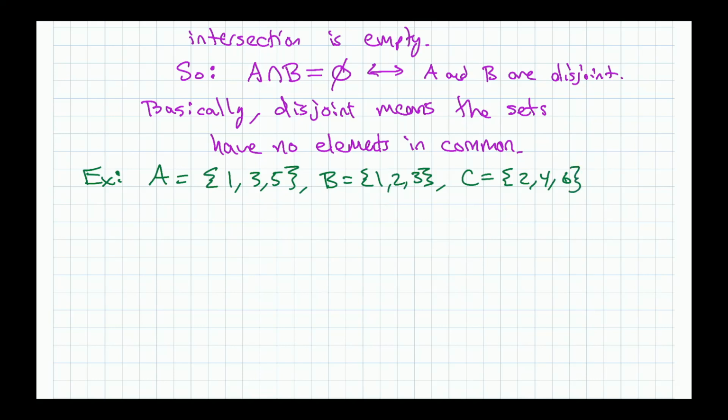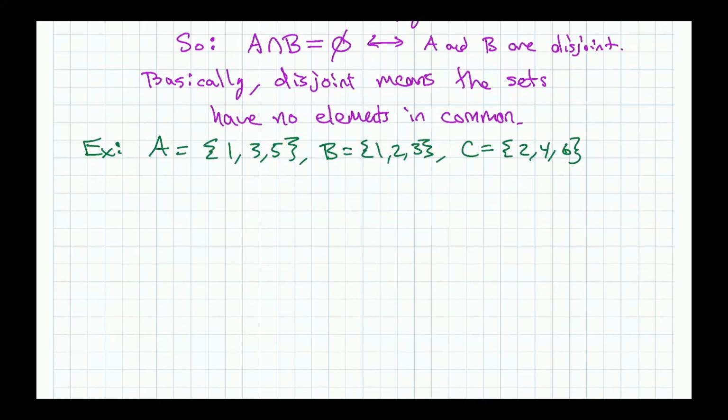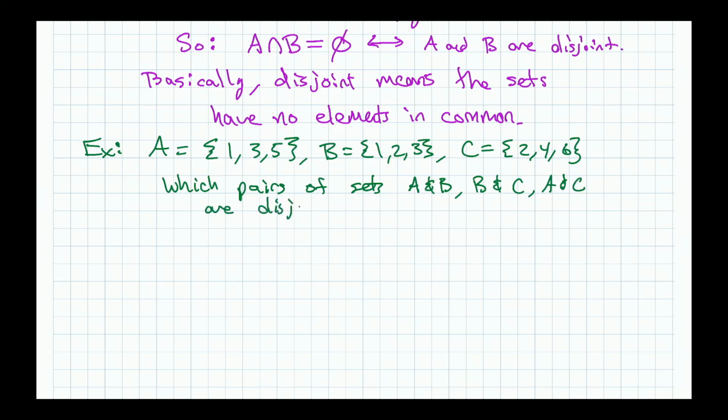And then my question is going to be: which pairs of sets are disjoint? What are the pairs of sets? You could have A and B, you could have B and C, or you could have A and C. My question is, which pairs are disjoint?